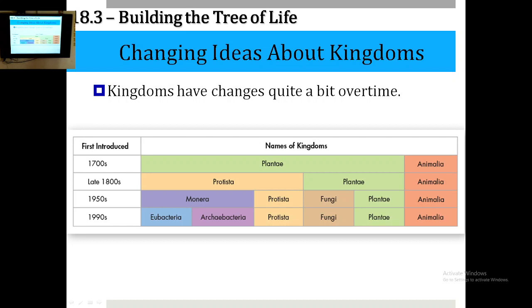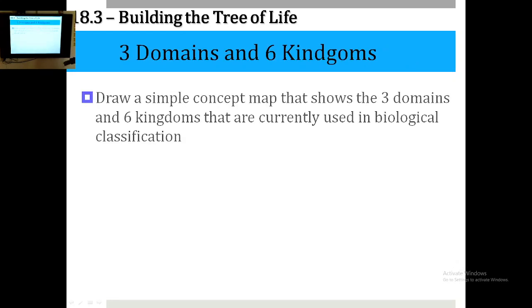In the 1700s there were just Plantae and Animalia. In the late 1800s, Protista, Plantae, and Animalia. In the 1950s we have Monera, Protista, fungi, Plantae, and Animalia. And in the 1990s we classify the kingdoms according to the current classification system. So again, we have 3 domains and 6 kingdoms.